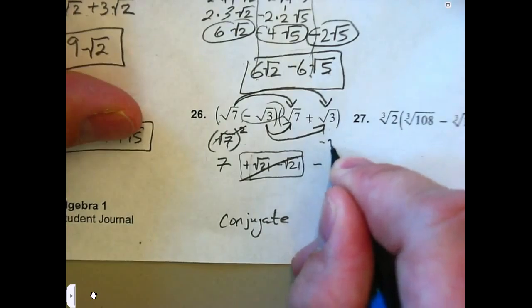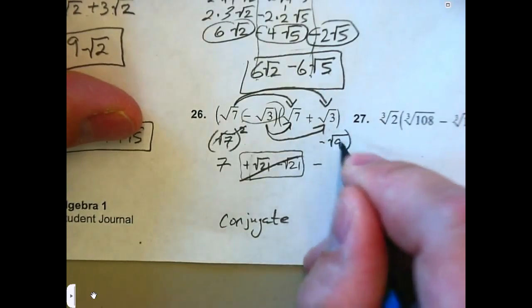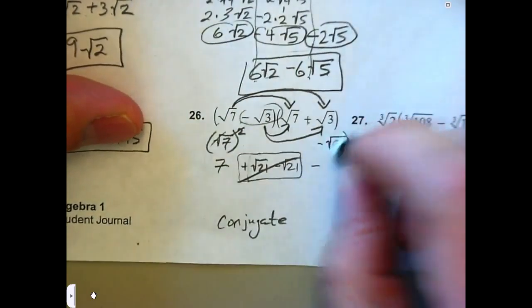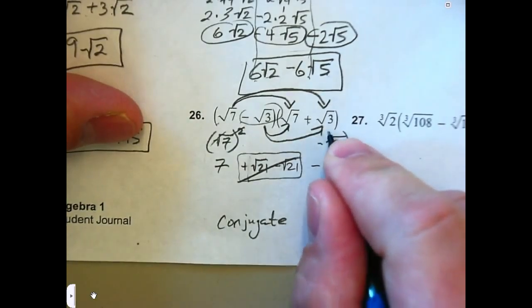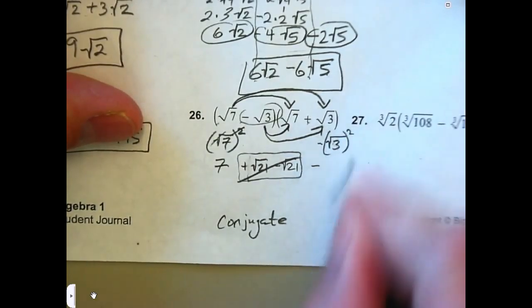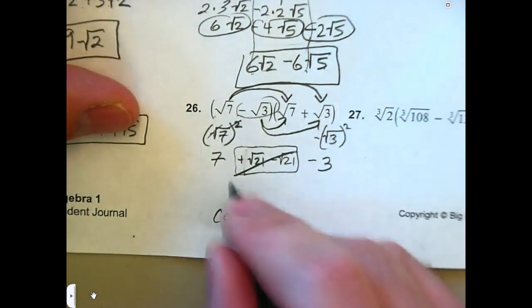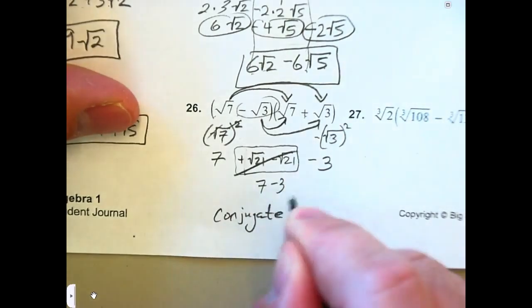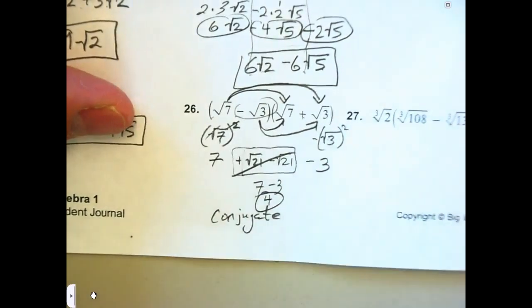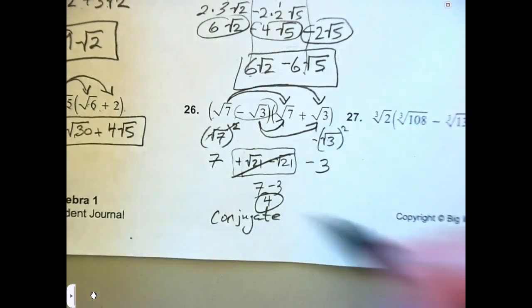Or if you think of it like we did with the 7, it's negative root 3 squared, which is 3. So what's my answer in all that junk? It's 7 minus 3, which is 4. So all that mess became 4.